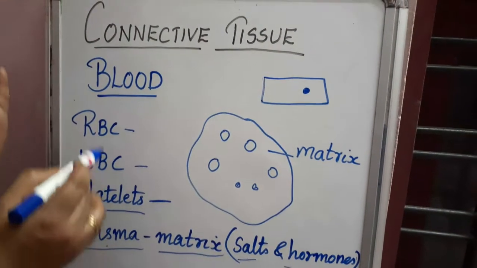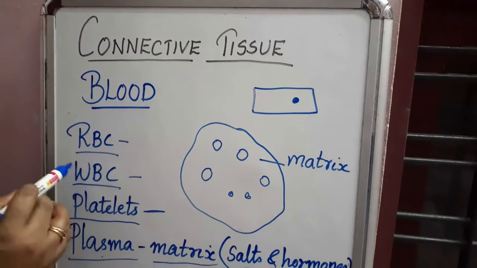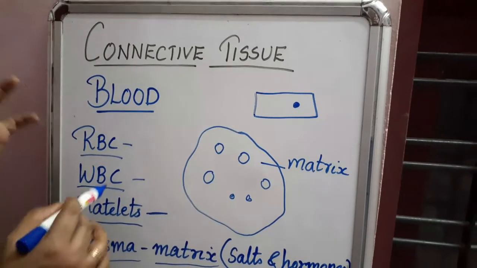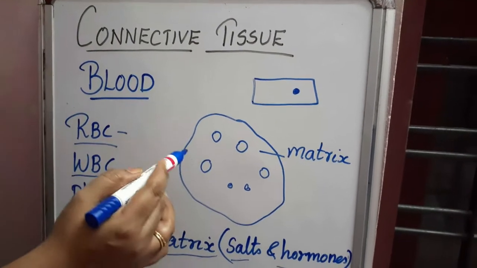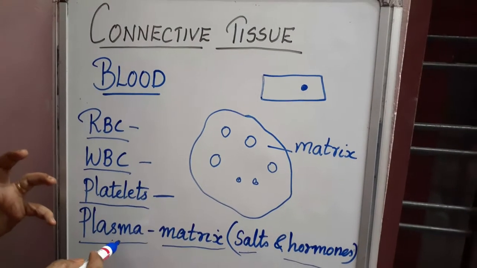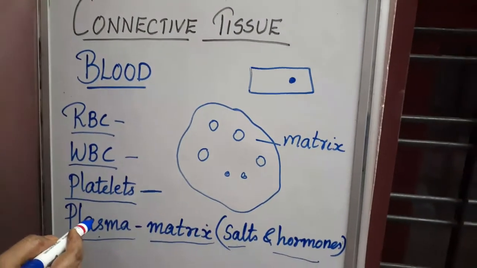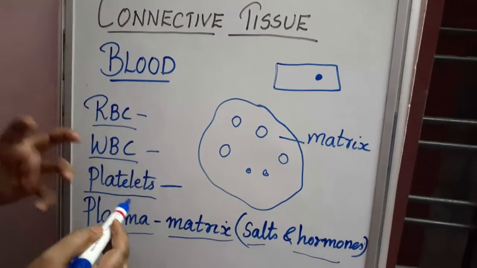So these are the different types of cells. RBCs, WBCs and platelets are embedded in this fluid or jelly-like substance known as the plasma. Nowadays new techniques are available, and we can separate all these things from the blood.